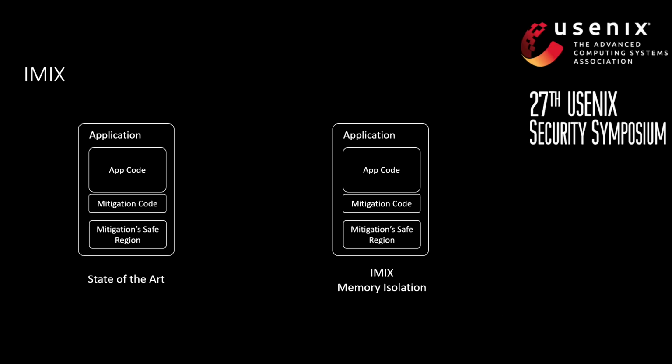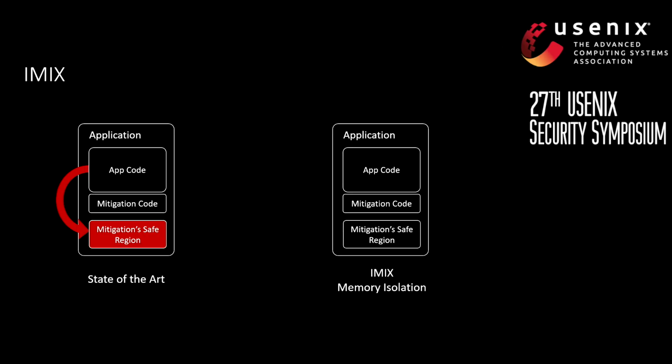So, what's the current state of art? Currently, an application is maybe hardened against software attacks and has a so-called mitigation that changes the code to protect it. And this also includes a safe region of the mitigation where all the mitigation secrets are stored to protect the app code.